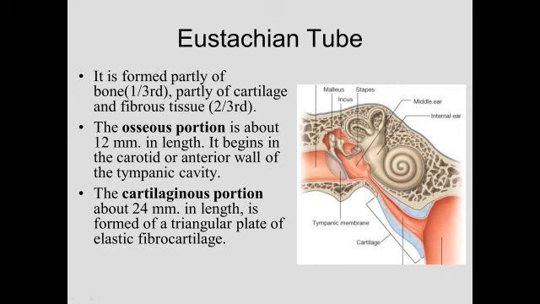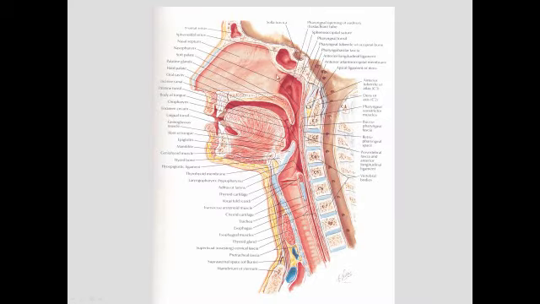Ideally, then, the air pressure in this space will be equalized with the air pressure in the atmosphere, because your outer ear exposed to the atmosphere should be at about the same air pressure as the air in the back of your throat, which is exposed to the atmosphere through your nasal cavity and through your oral cavity.